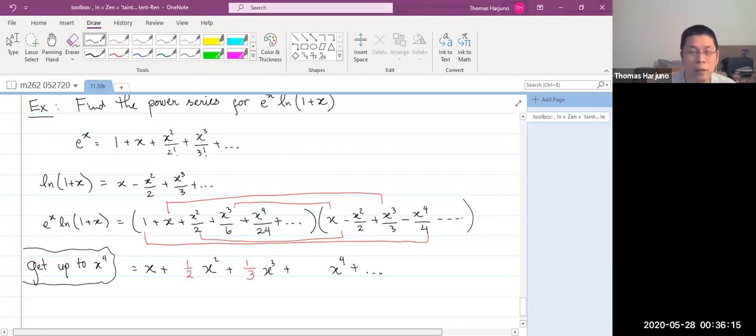So this pair here, I get negative 1/4 x to the 4th. This pair here, I get positive 1/3. This pair here, I get negative 1/4. This pair here, I get positive 1/6. So negative 1/4 minus 1/4 plus 1/3 plus 1/6.